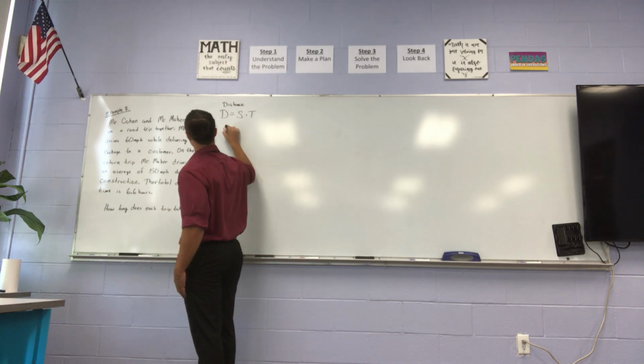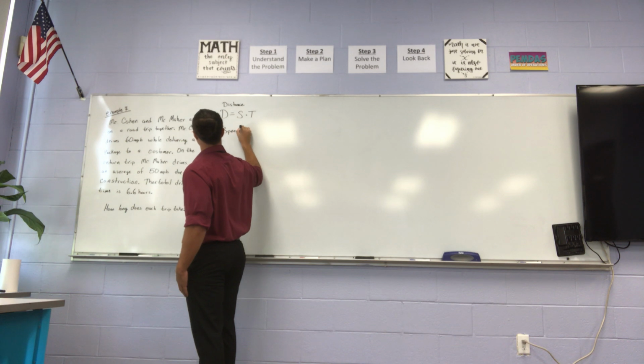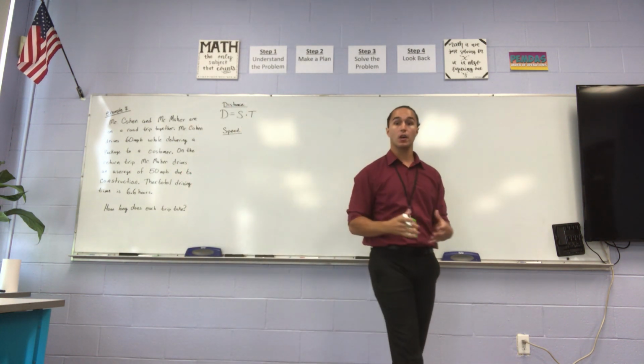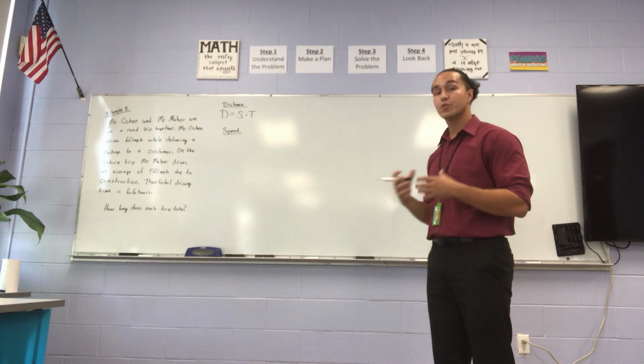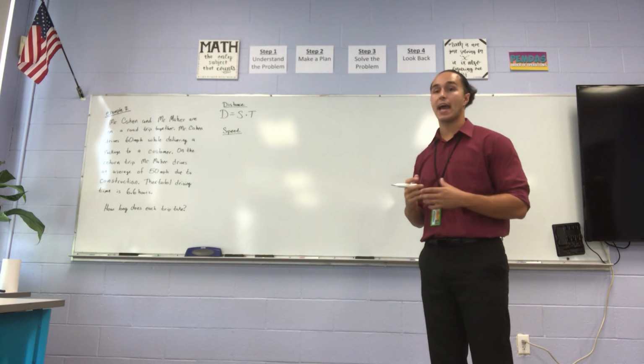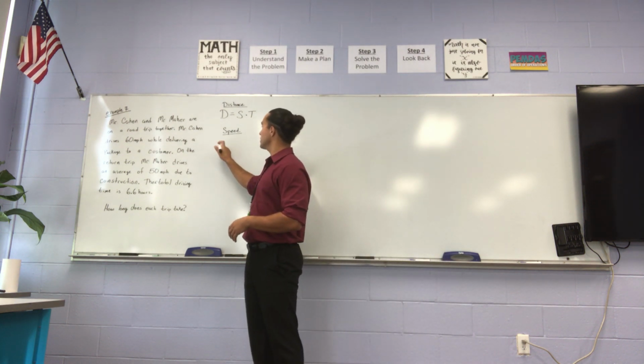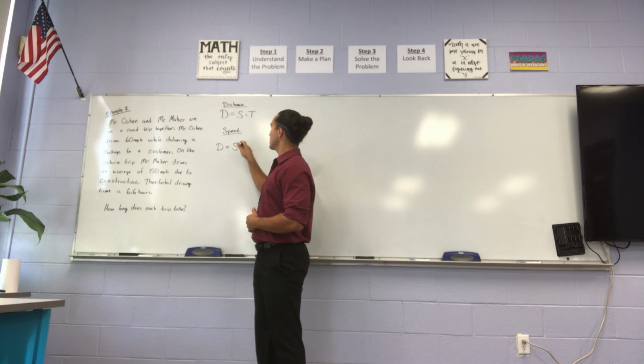Can we come up with a new formula for speed, or rearrange the formula that we already have so we can solve for speed? All we're doing is isolating our S variable.